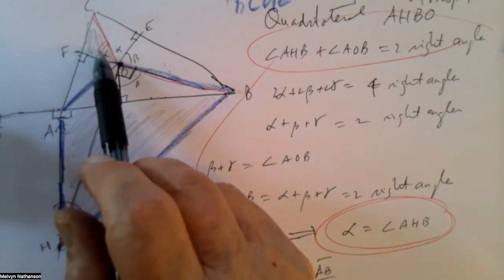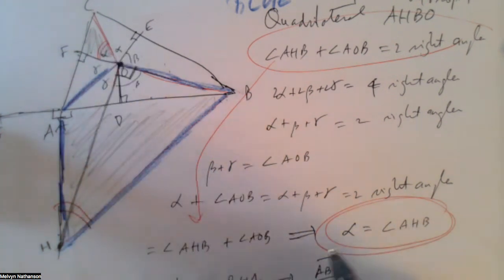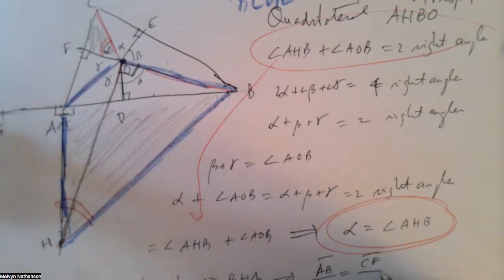So the side of this triangle opposite alpha is CF. So AB is to AH as CF is to, see, what was AH? AH is the side next to alpha.